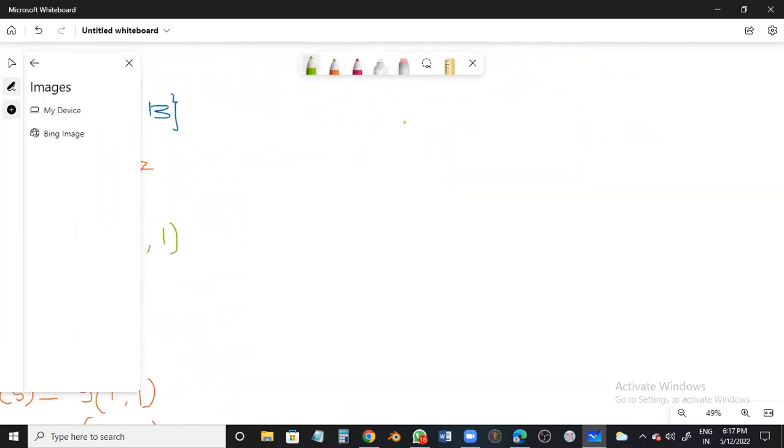See, you select two members from your Z14. One member is n times 1, the other member is m times 1, and suppose I take their addition and apply phi on this particular number.